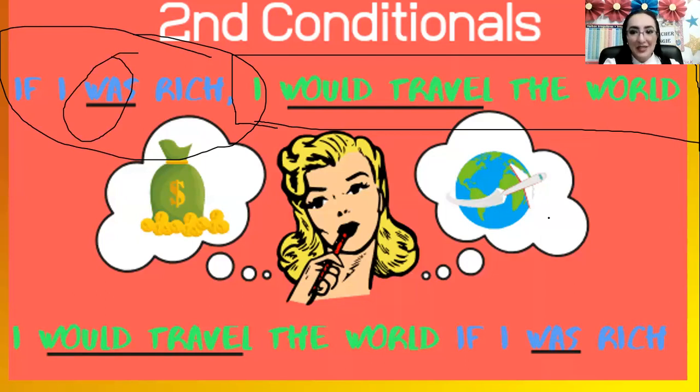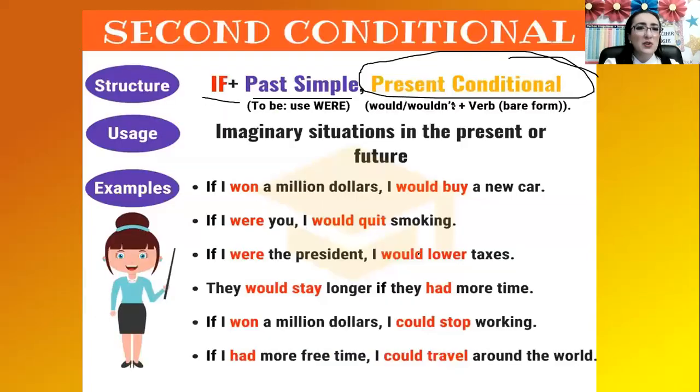You can listen to this. If I was rich, that does exist. Yes, but it is not so cool to say it, okay? If I was rich, actually, we are going to be making use of were for everybody. Like in this example, if I were you, I would quit smoking.